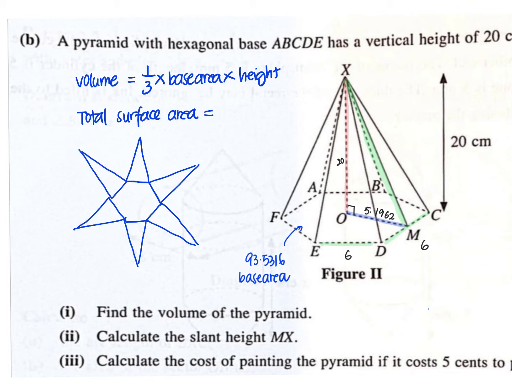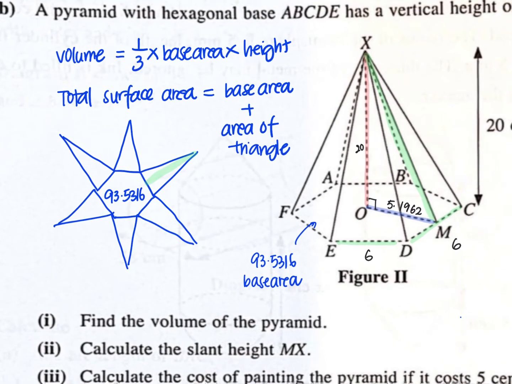The total surface area is given by the base area, 93.5316, plus the area of triangles. In order to find the area of triangles, we need to know the slant height, which is this one over here. We need to know the slant height and the base to find the area of the triangle.